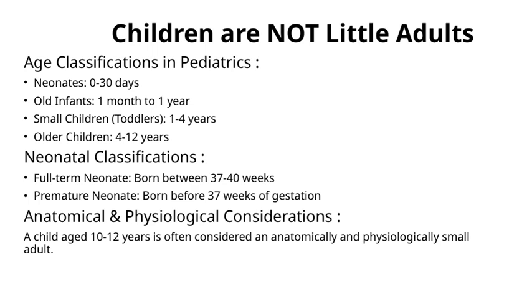Interestingly, a child aged 10 to 12 years is often considered an anatomically and physiologically small adult. This means that, by this age, their body and organ systems are quite similar to adults, which impacts how we approach their medical treatment and care. Overall, understanding these classifications and distinctions helps us tailor our approach, ensuring that children receive the appropriate and effective medical attention they need at each stage of their development.